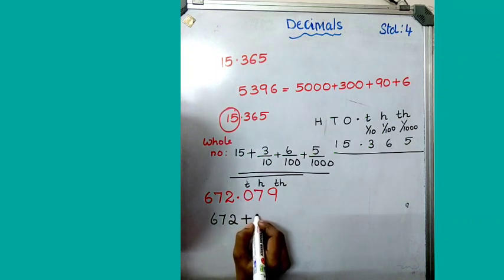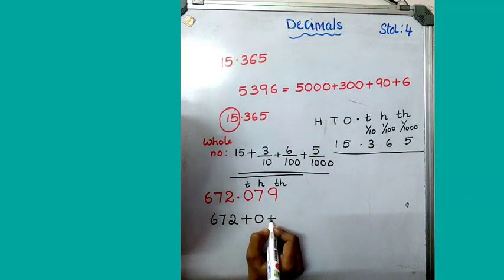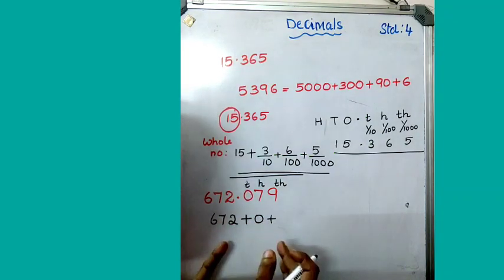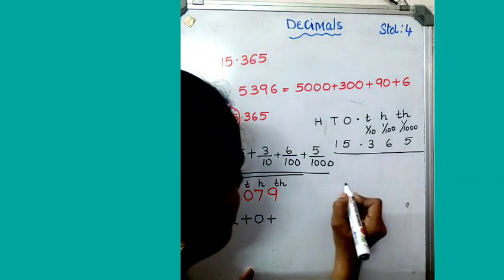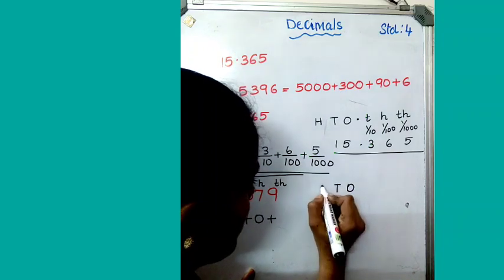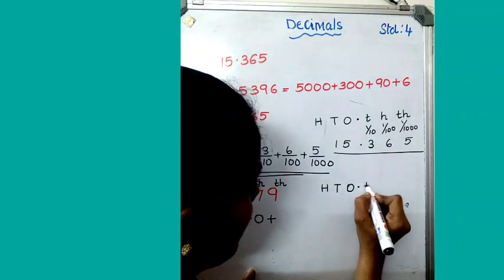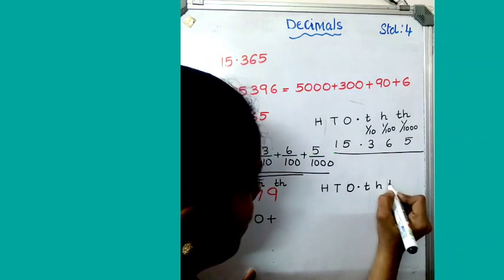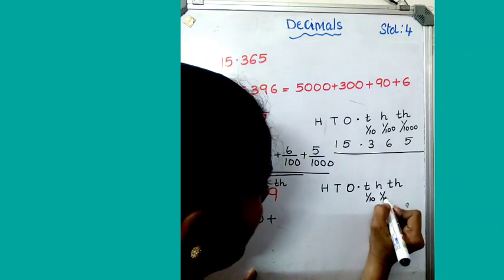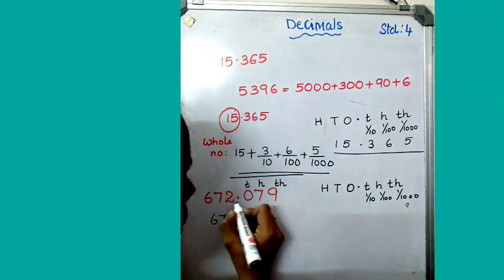So we put 0 here. Then plus. If you still have confusion, then you can write the place value here: ones, tens, hundreds, point, tenth, hundredth, thousandth, 1 by 10, 1 by 100, 1 by 1000.